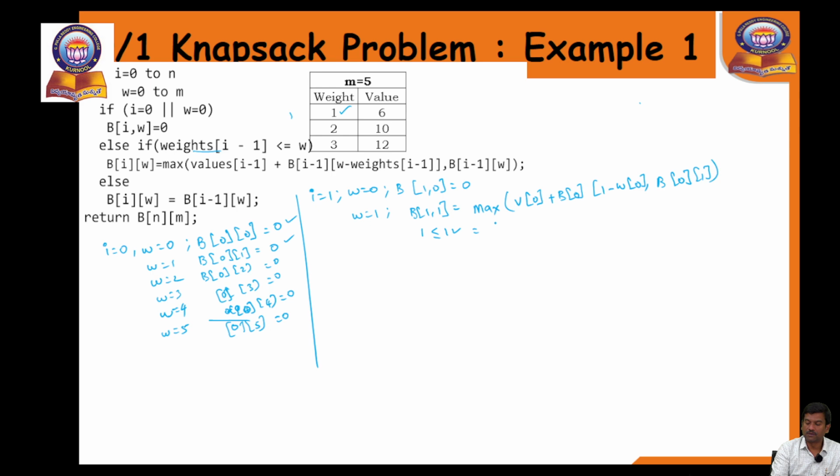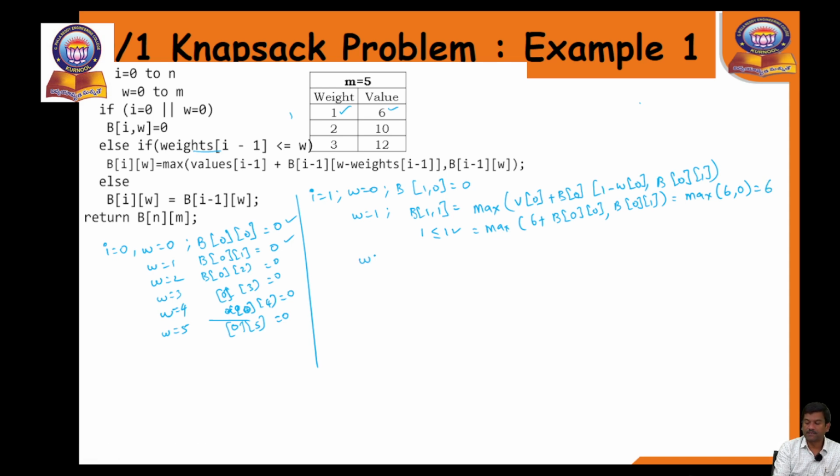So if you substitute the respective values of 0, that is array 6, that is max of 6 plus b of 0 0 comma b of 0 1, and the max between 6 plus 0, that is 6 comma b of 0 1, that will be equal to 0. So you get the value 6.